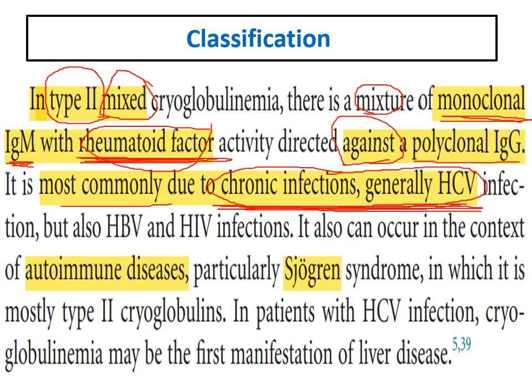This is very important. Also, hepatitis B and HIV can cause cryoglobulinemia, but the most common is hepatitis C. Also, cryoglobulins can occur with autoimmune diseases, and the most important one is Sjogren. Sjogren syndrome is usually associated with type 2 cryoglobulins.